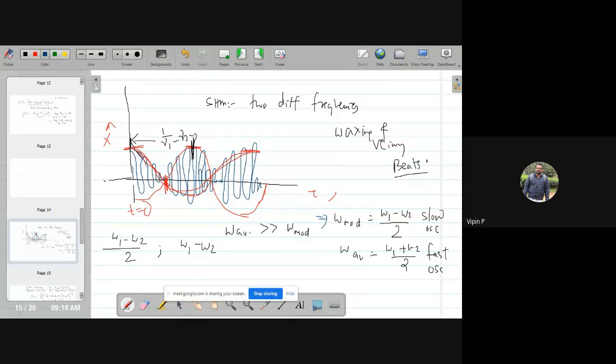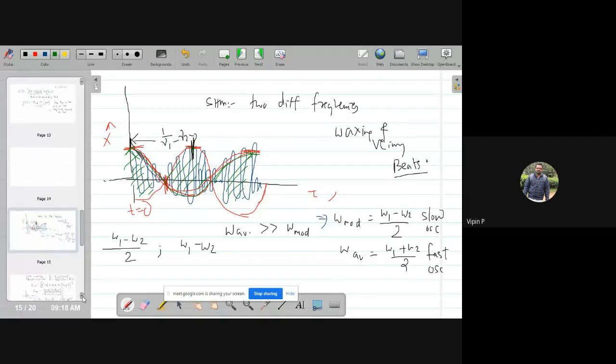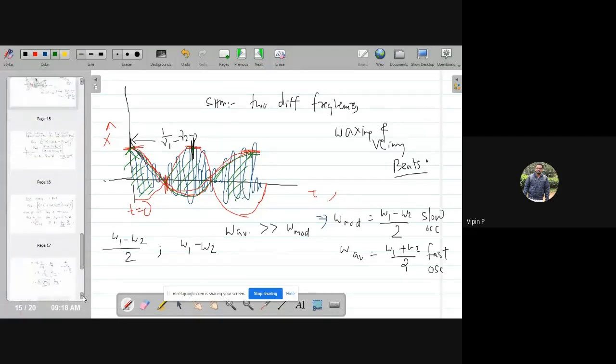So when one cosine curve is completed here, how many beats are happening? 2 beats. Within one cosine curve we have 2 beats. You have a half here, you have a half here. If I draw it further, it will be visible, and one full beat over here. So that's what we have discussed here as well.